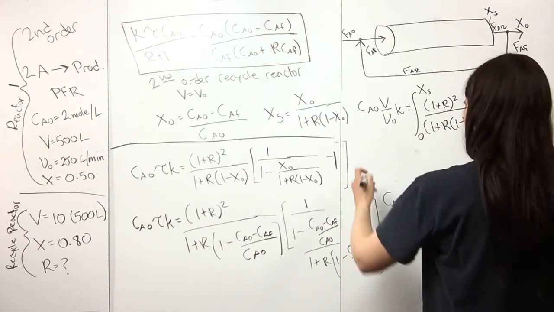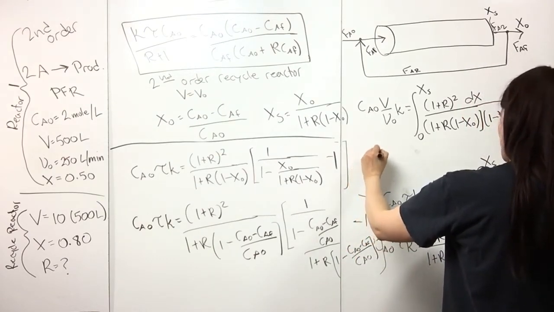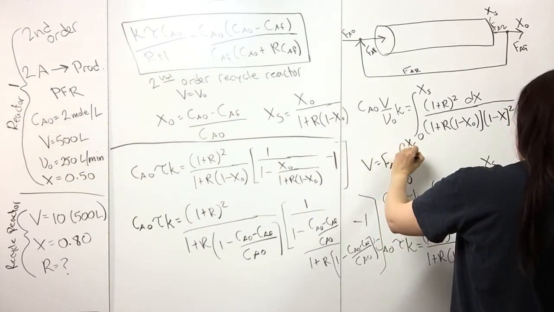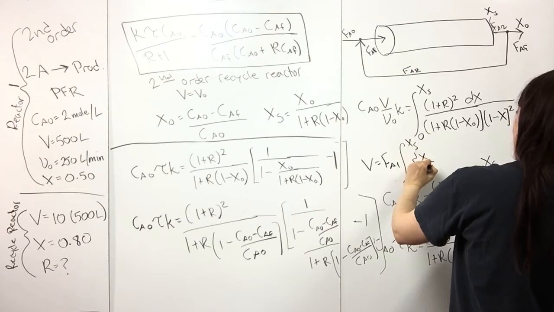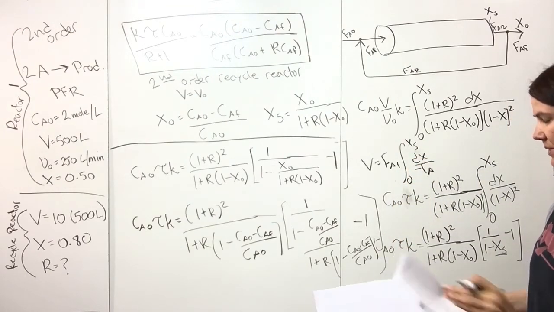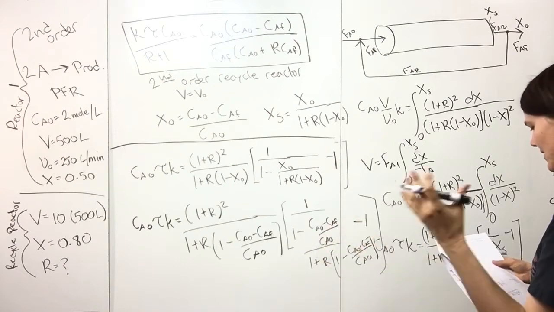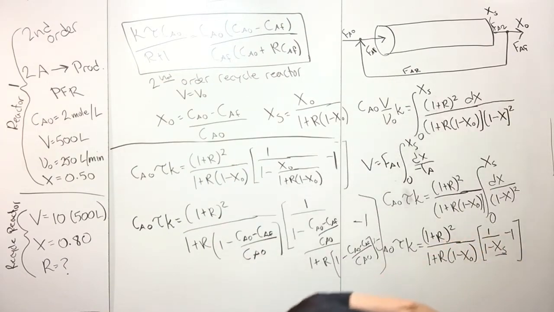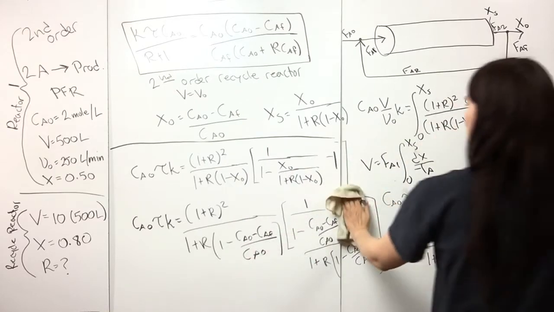this first mole balance, V is equal to FA naught integral from 0 to XS of dX over minus RA. Now I want to go through and redo this derivation using the second mole balance. I'm just going to erase this stuff real quick.